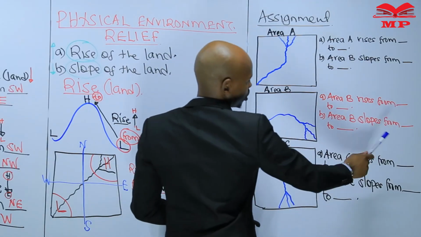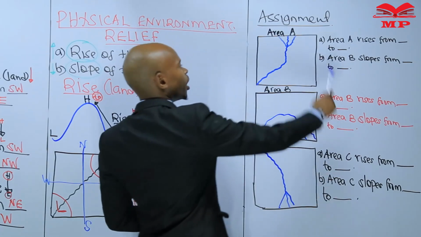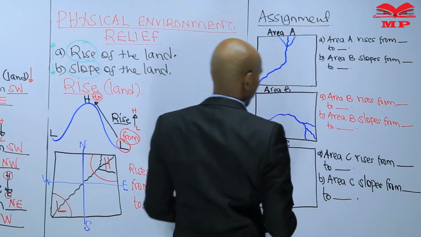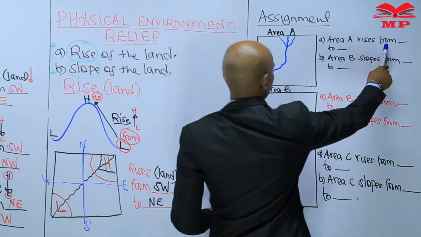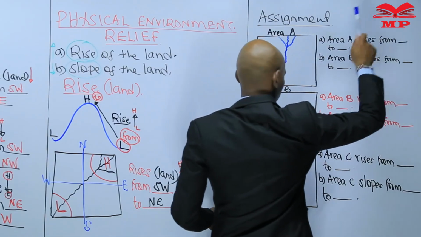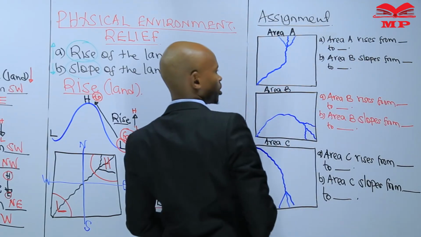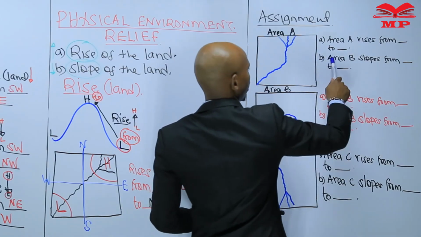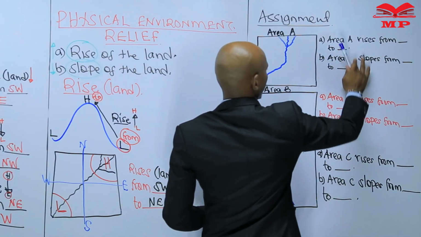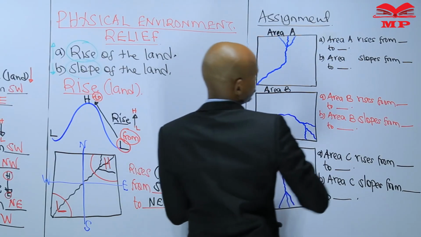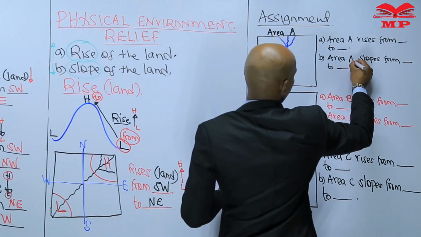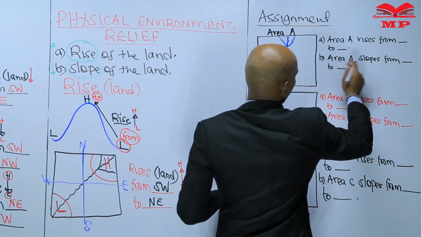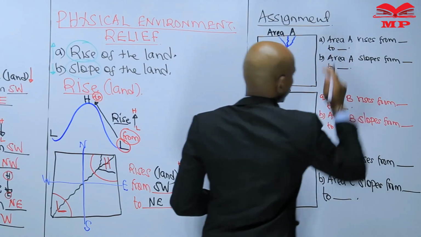Question A of area A: area A rises from dash to dash. And question B, we are still in area A: slopes. Now this time around it is not rising, it's sloping. Area A slopes from dash to dash.